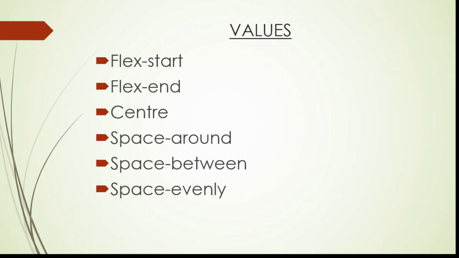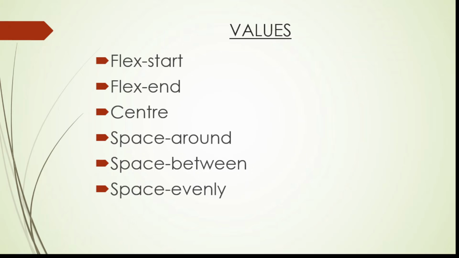The justify content property can have one of these values: flex start, flex end, center, space around, space between, space evenly. So we first look at how it will visually affect the items when it is given to the container.